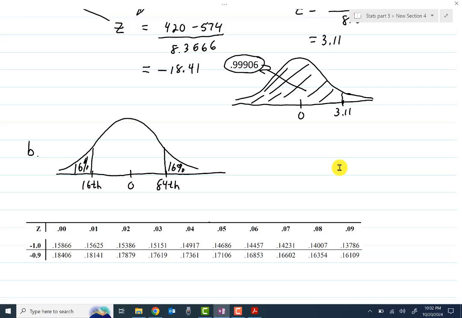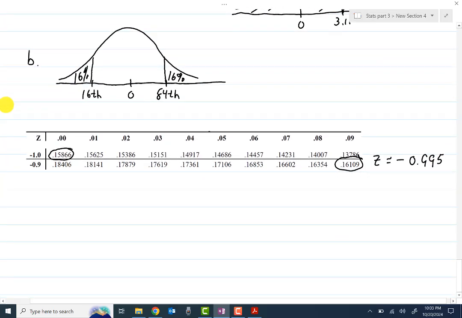We want to go to 0.16, so it looks like we're between negative 1.0 and this one over here, which is negative 0.99. So I'm going to use z equals negative 0.995.